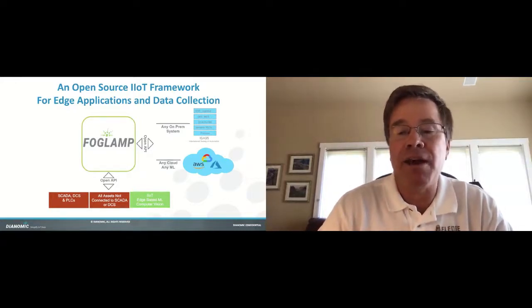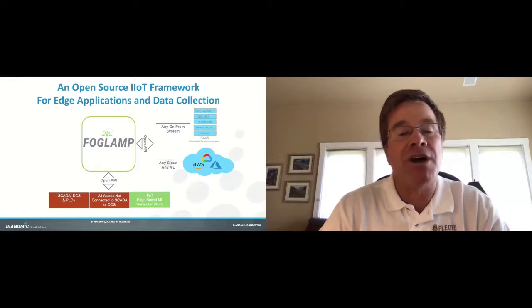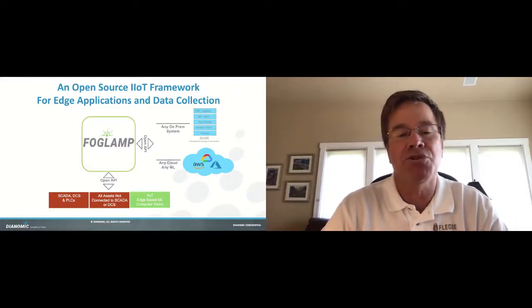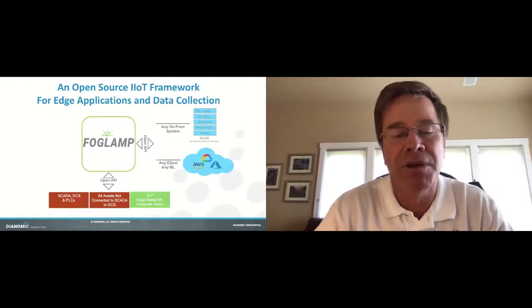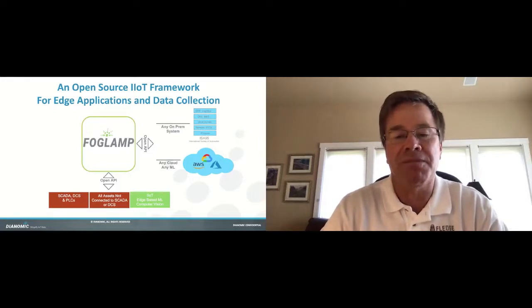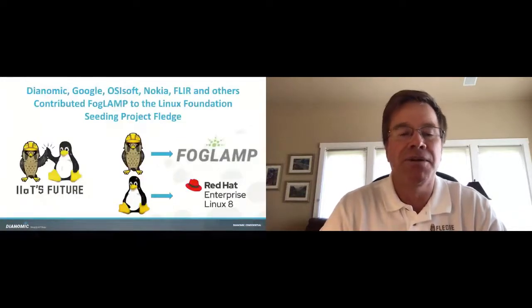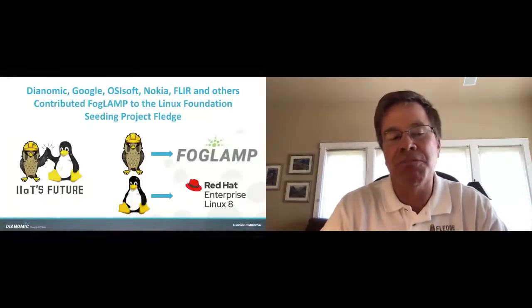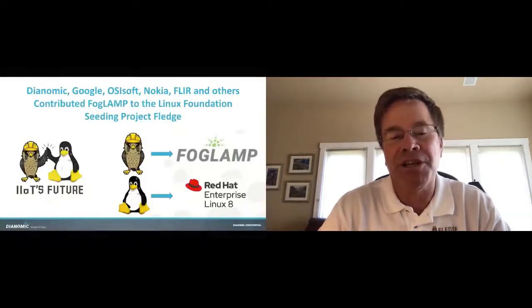So Dianomic, working with OSIsoft, Google, Nokia, FLIR, and many others, starting about 3 years ago, started coding a set of open source tools that we call FogLamp, which are a set of microservices that I'll give more detail to in the next slide. And in that process, similar to ZEDEDA, strongly believe that this really is an open source community challenge, especially in industrials.